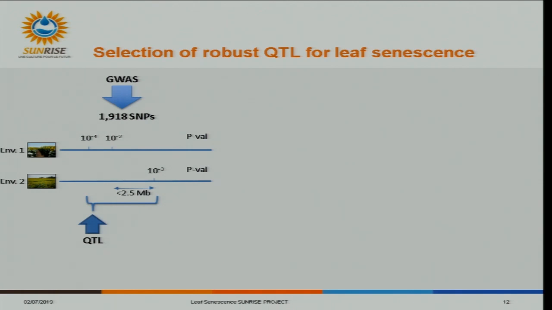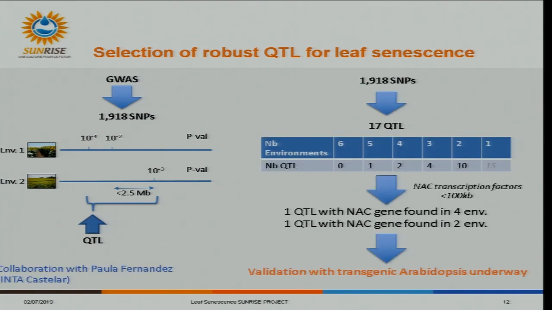If the space between two SNPs is less than 2.5 megabases, which is quite large, then we can call all this region a QTL, and we define the most likely position of the QTL as the lowest p-value here. With this rule, we found 17 QTLs.